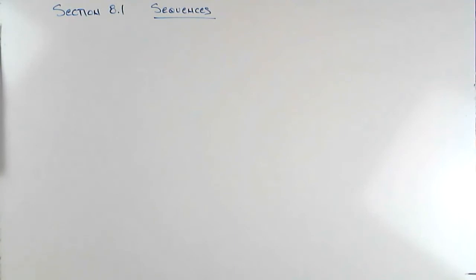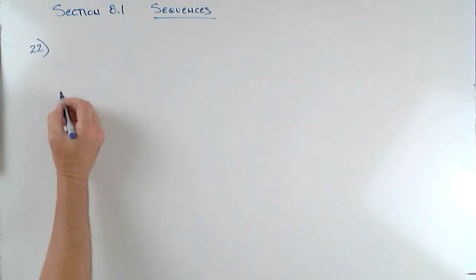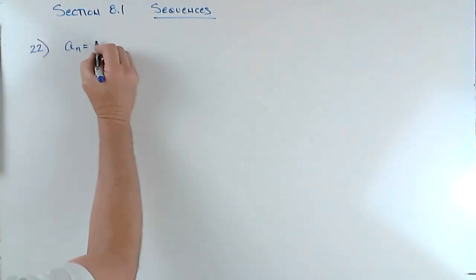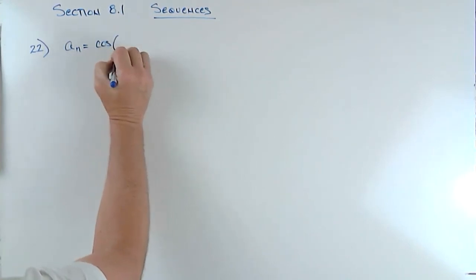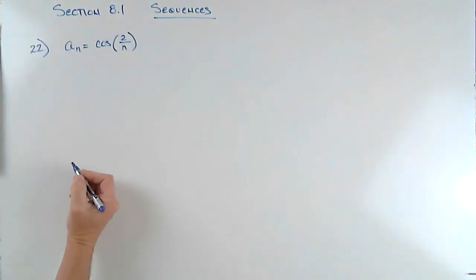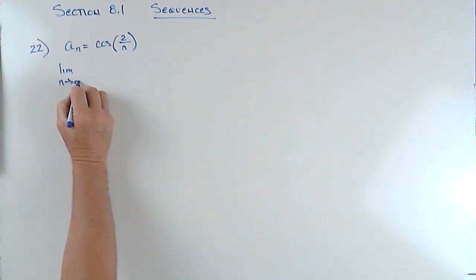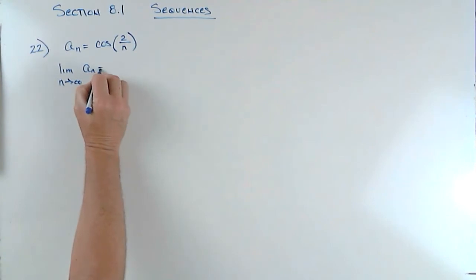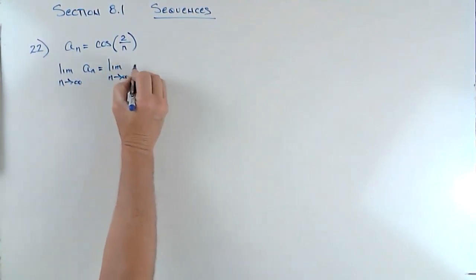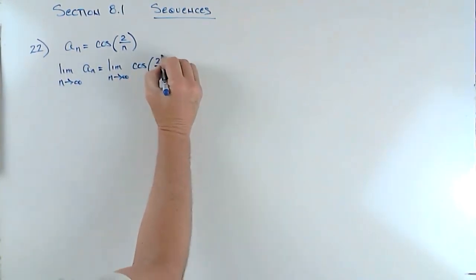If we take a look at problem 22, this gives us a sequence a sub n equals cosine of 2 divided by n. And if we look at the limit as n approaches infinity of a sub n, that's going to be the limit as n approaches infinity of cosine of 2 over n.